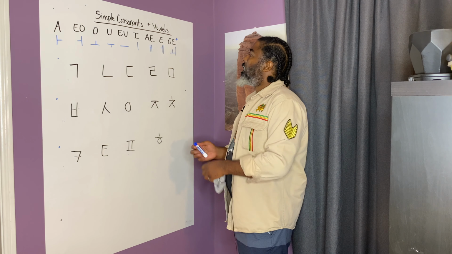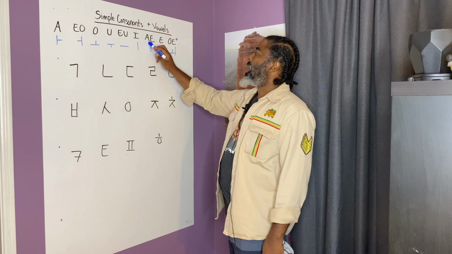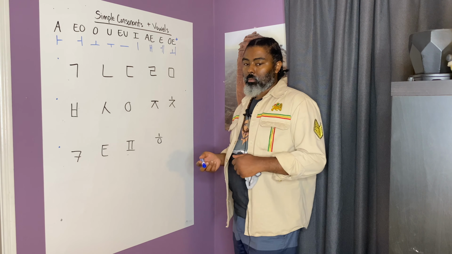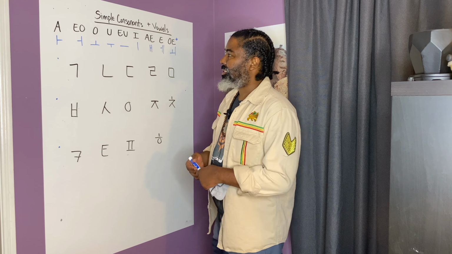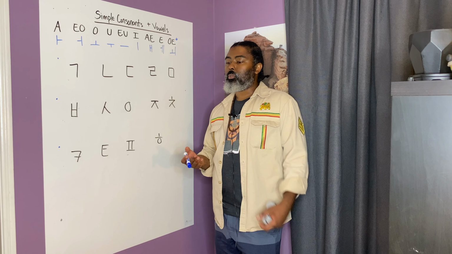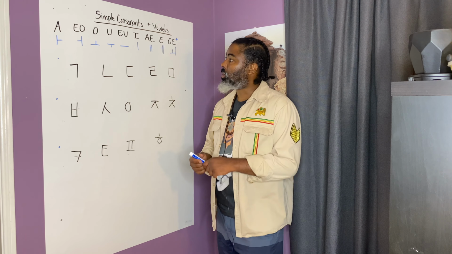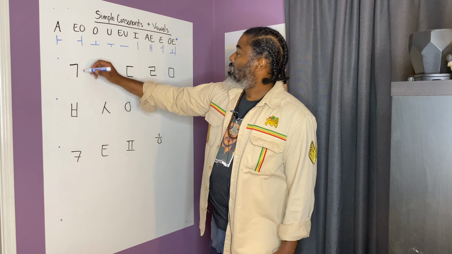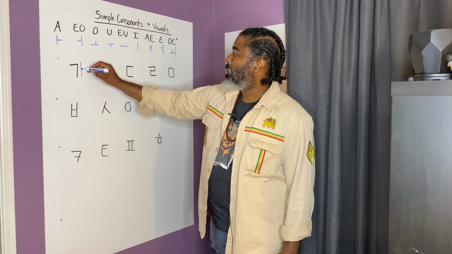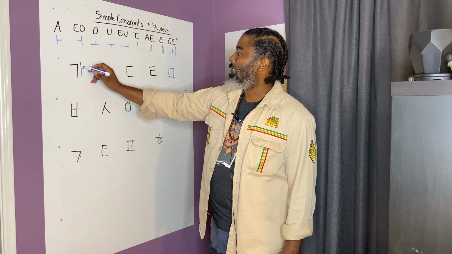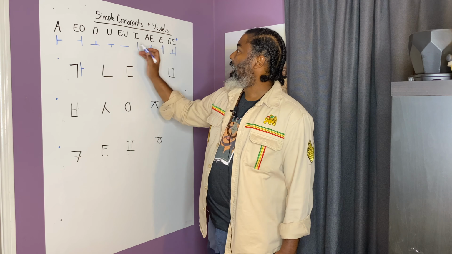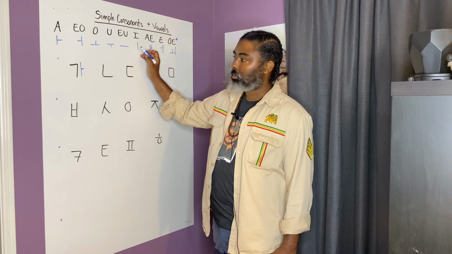Okay, so now we have the A and E. The sound that it produces is the long A sound. A. That's it. But the way you make it is the A and E combined.